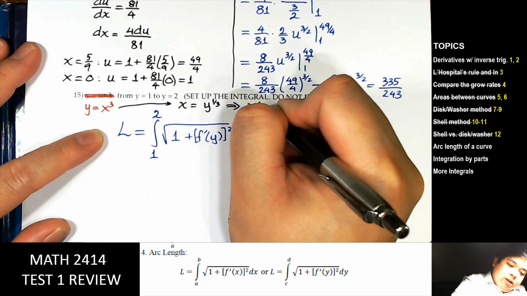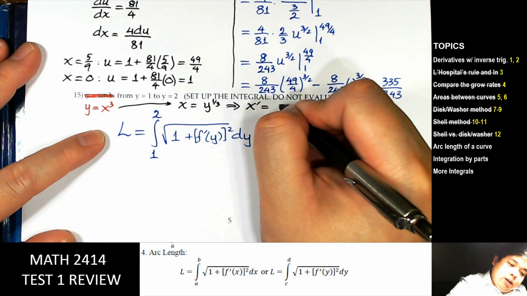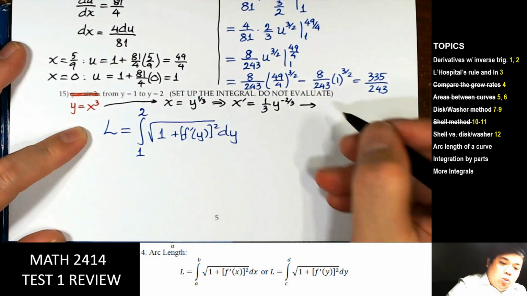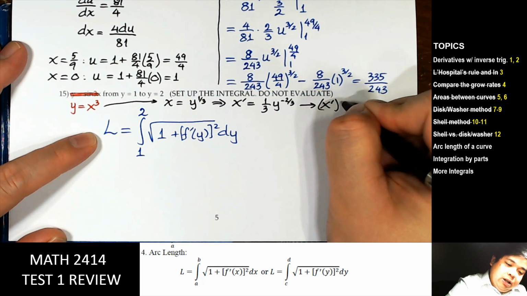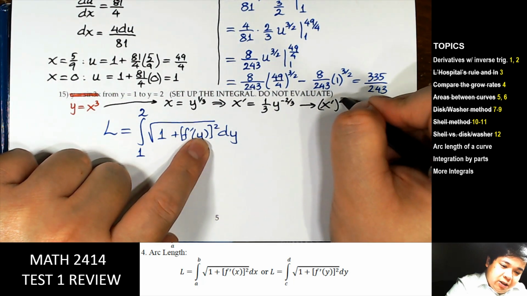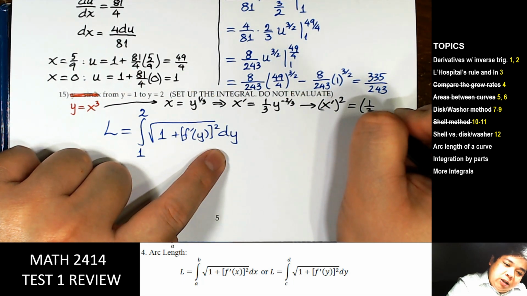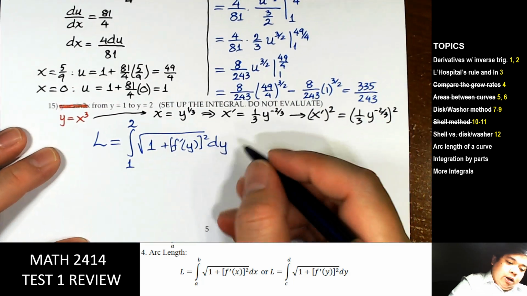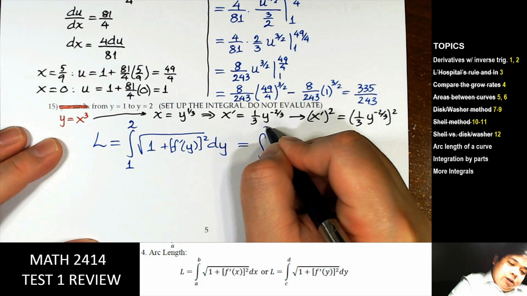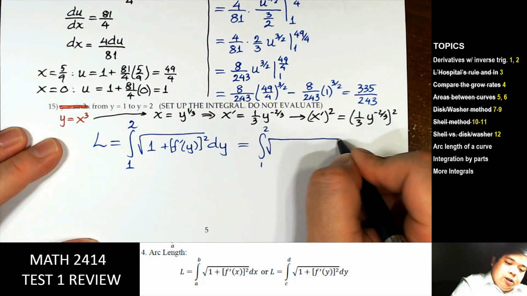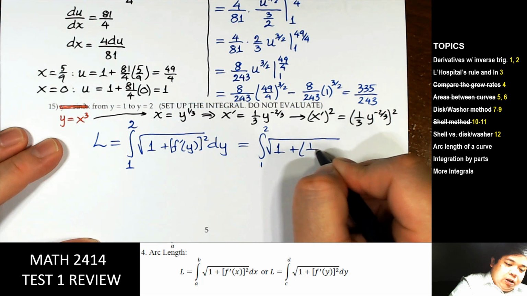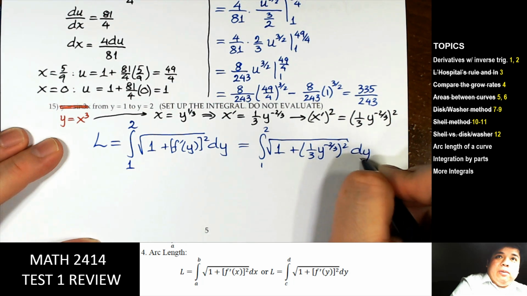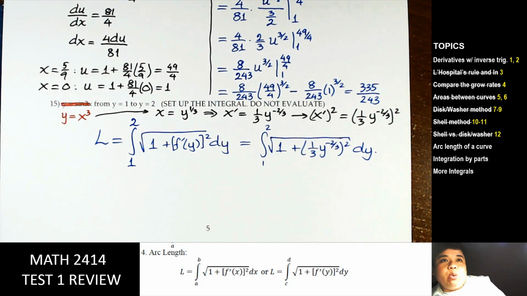The derivative is 1/3 y to the negative 2/3, and then we need that derivative squared, which is this one: 1/3 y to the negative 2/3, squared. So it's the integral of the square root of 1 plus 1/3 y to the negative 2/3, squared, dy. Right, we just need to set it up. So that's all we have.